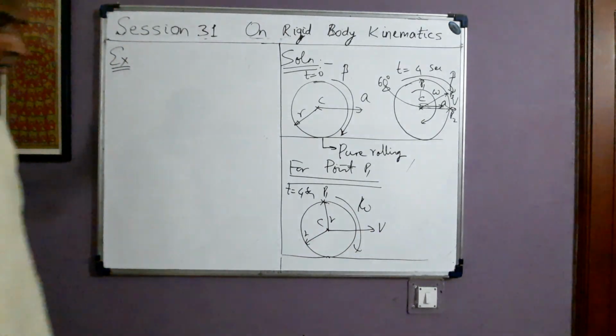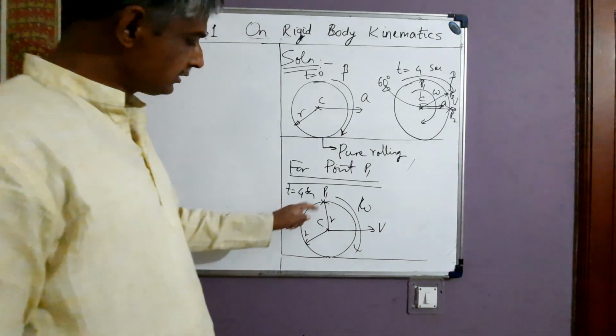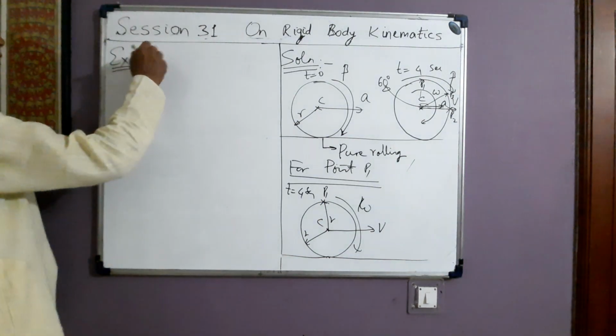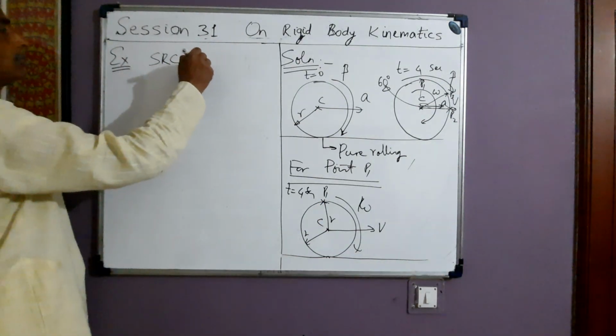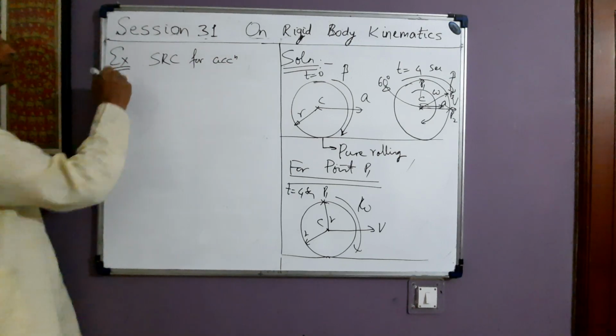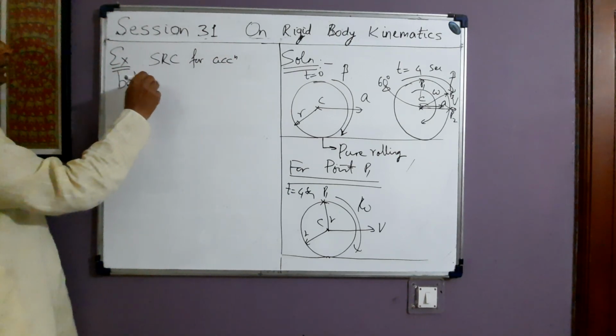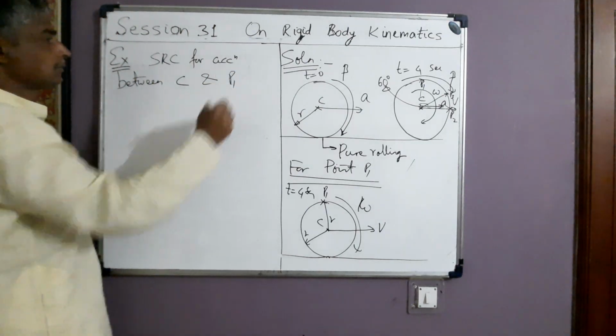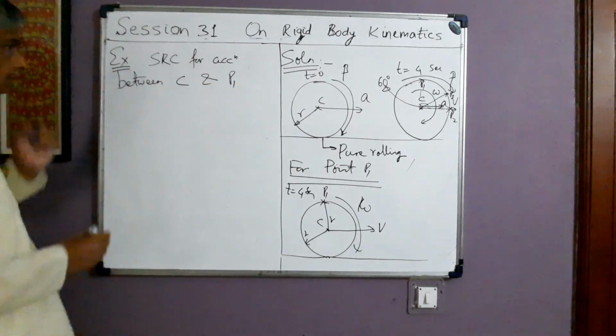So what we do first, we find the total acceleration of P1. SRC for acceleration between C and P1 in ground frame.